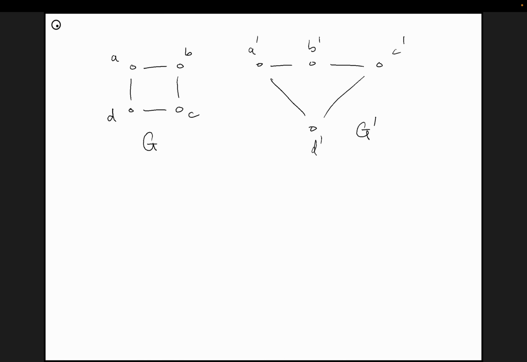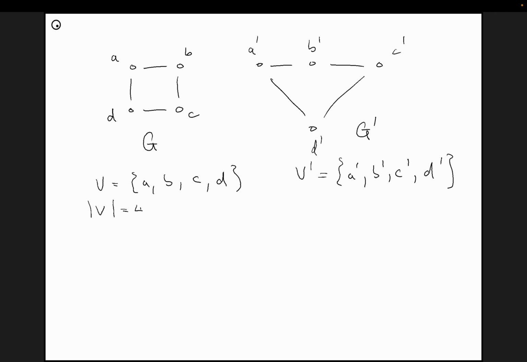If you remember again, the definition of a graph is a set of vertices. So here we've got V: A, B, C, D, and here we've got V prime: A prime, B prime, C prime, D prime. So we've got four vertices here, and four vertices here.